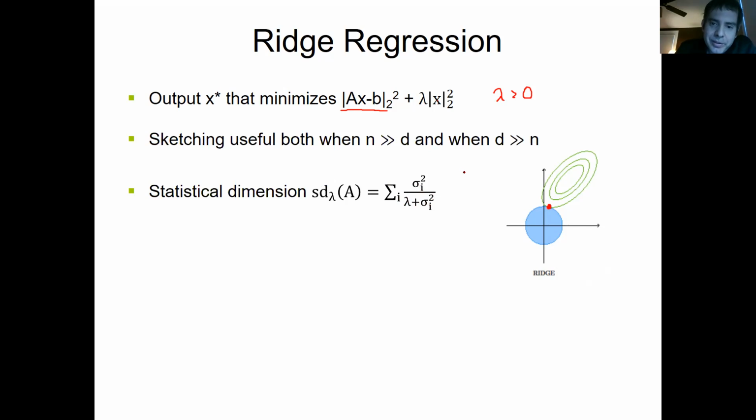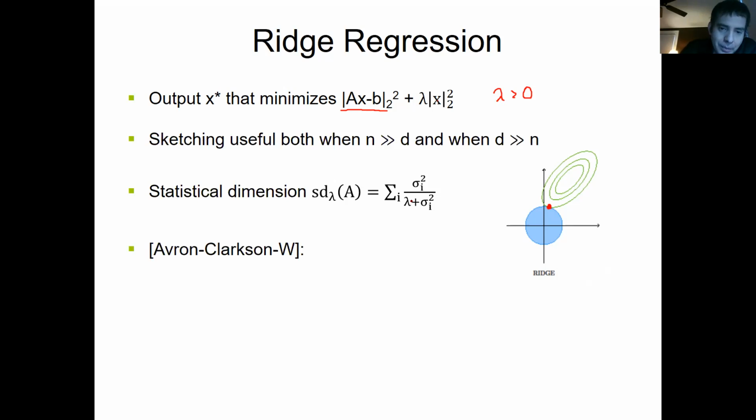So you see that when sigma i squared is much larger than lambda, you're just roughly counting the number of singular values larger than lambda. And when sigma i squared is less than lambda, well, then you're getting sigma i squared over lambda contribution to the sum. So you're really downweighting the effect of smaller singular values. This quantity is always upper bounded by the rank, but it's typically much smaller than the rank in practice.